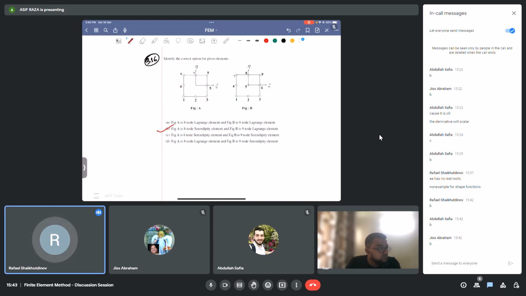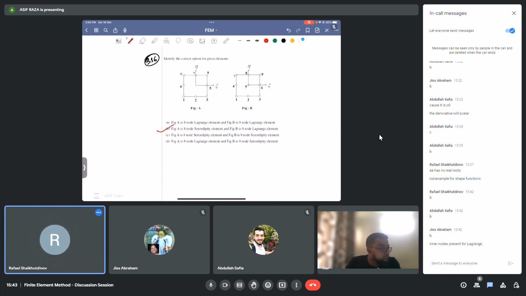I believe it's because of the Lagrange formulation. First of all, we say that we need to have a Lagrange polynomial, a full polynomial, right? We say at first that we have all terms in our polynomial, a complete polynomial, yes. But now we have a computational cost with this. For instance, this B element is very costly from a computational point of view.